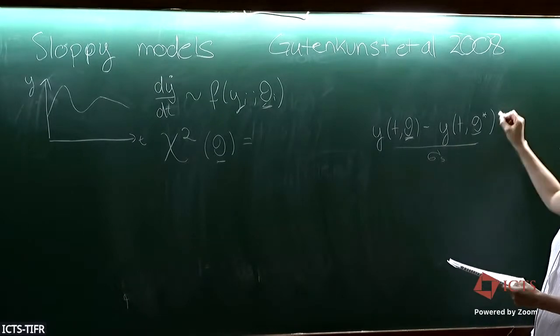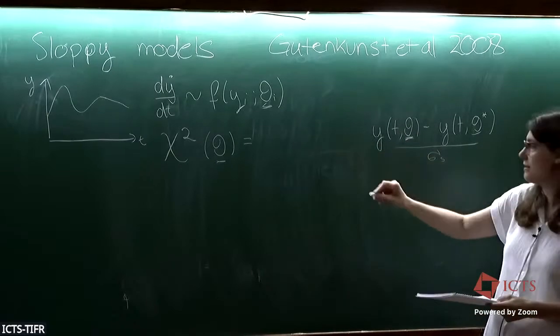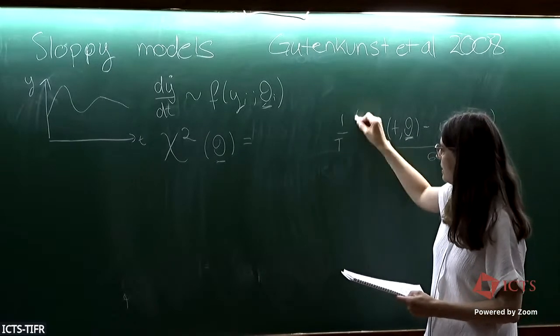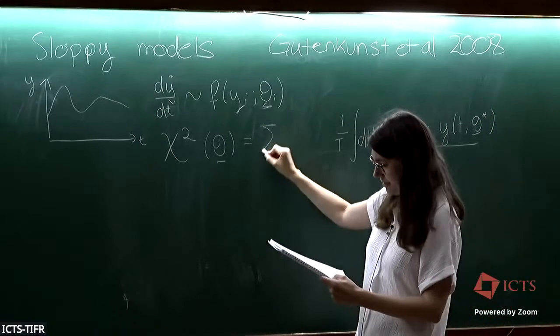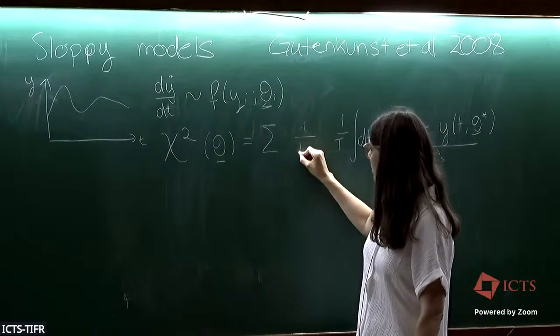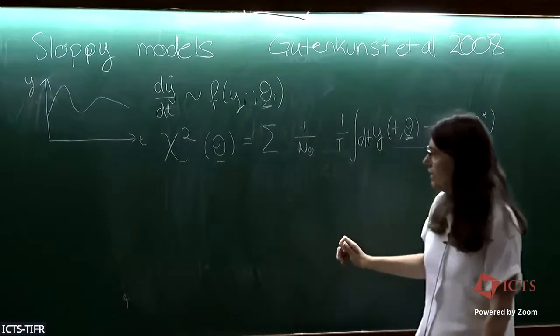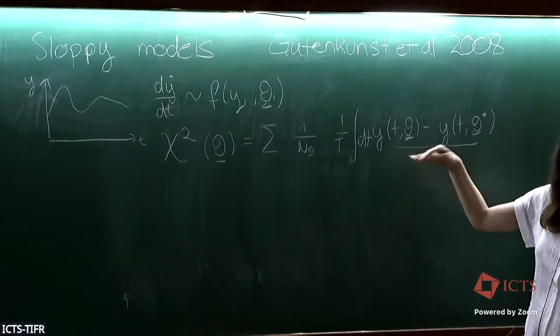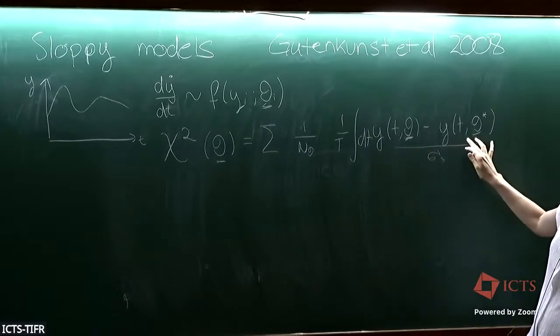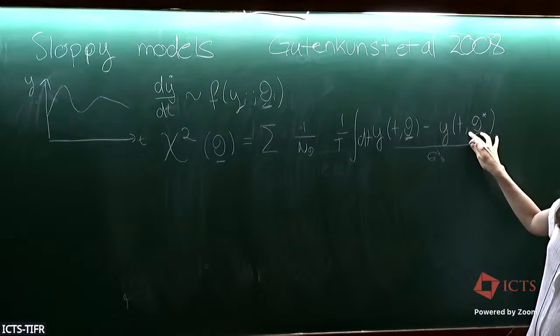Because Y is a time series, I also need to integrate over time to take into account all these different time points. And then there are some additional sums for the number of these parameters. So it's essentially an error in terms of how Y, my model variable, diverges from the Y that I would have if I had the right parameters.